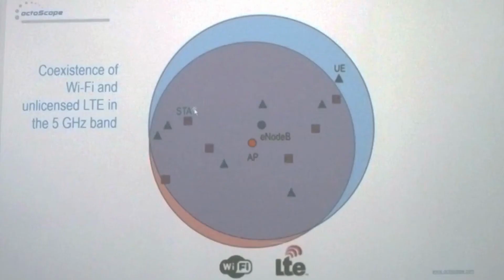And what happens is when we have cells that are in range of one another, let's say you have an LTE eNodeB and an AP with its own stations, depending on the overlap, they will step on one another. But more so, the LTE is likely to step on Wi-Fi.